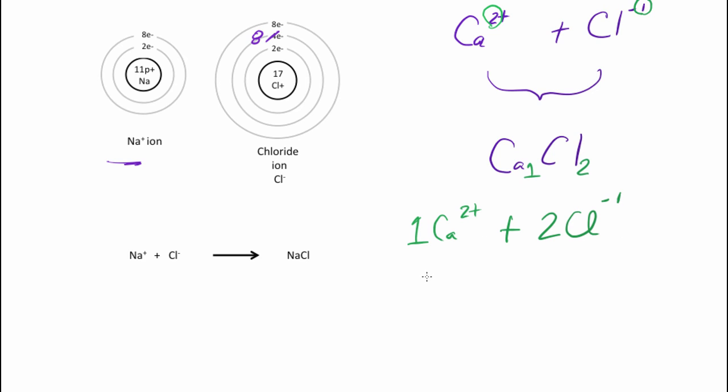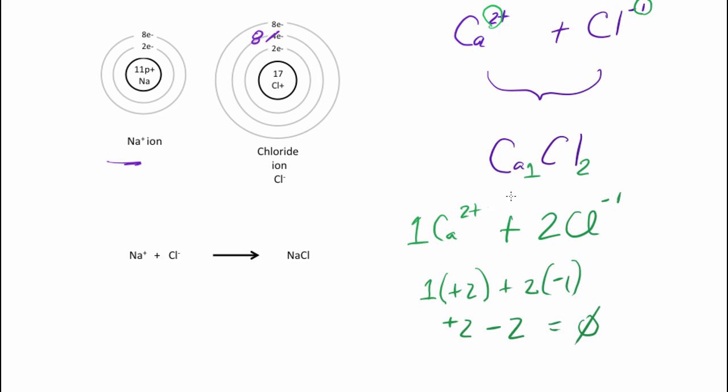And so what we're doing is, watch, I have 1 times a positive 2 plus 2 times a negative 1. So I have a positive 2 and a negative 2 that come together and give me a net charge of 0 on this formula.